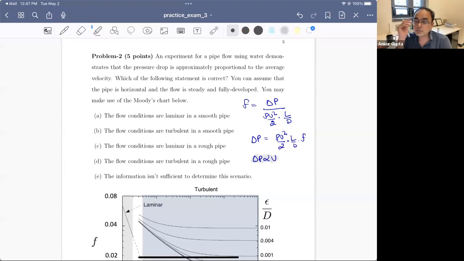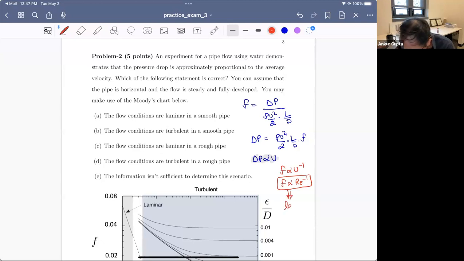So then I have a U square, and I need the friction factor to be proportional to the inverse of U, because there is no other velocity. That's exactly what I need. Essentially I need the friction factor to be proportional to inverse Reynolds number, which happens in laminar conditions.